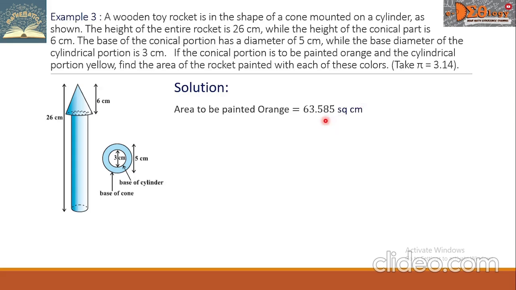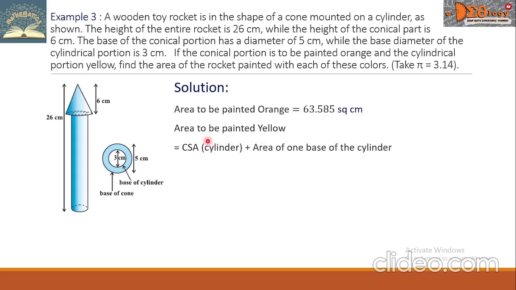Then we go to the next computation, the area to be painted yellow. And that will be the CSA for cylinder plus area of one base of the cylinder. Substituting the values, we have 2 times pi times r prime times h prime plus pi times r prime, that is squared.